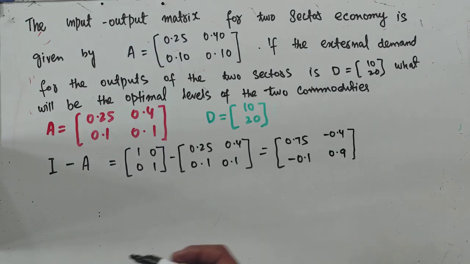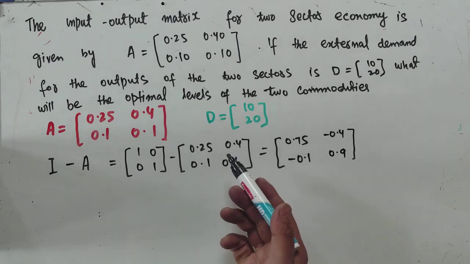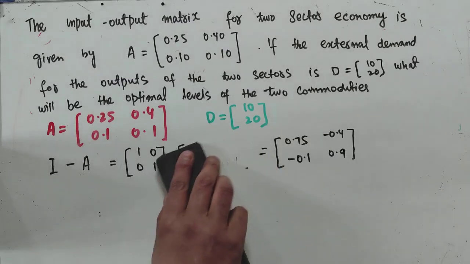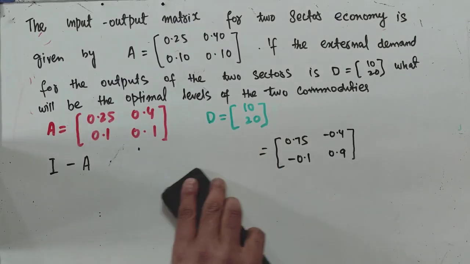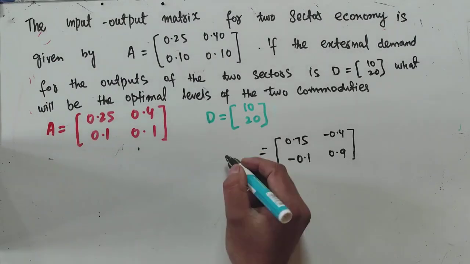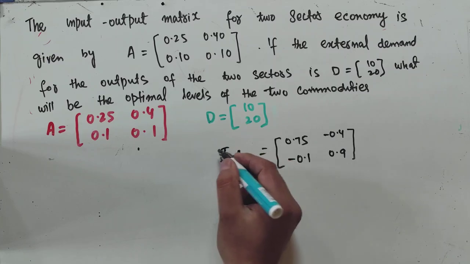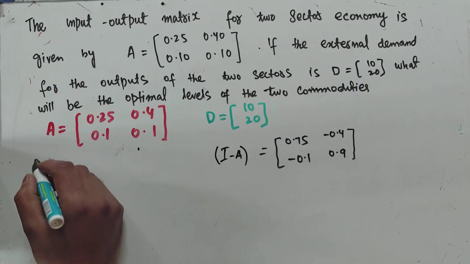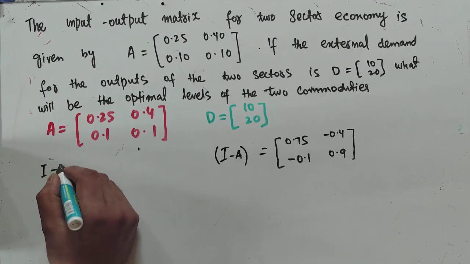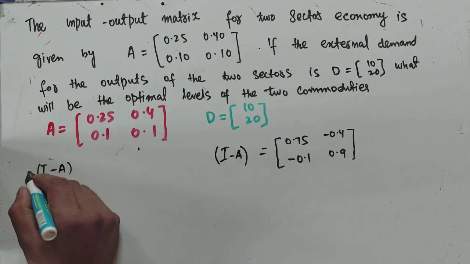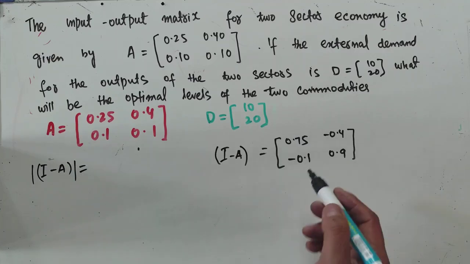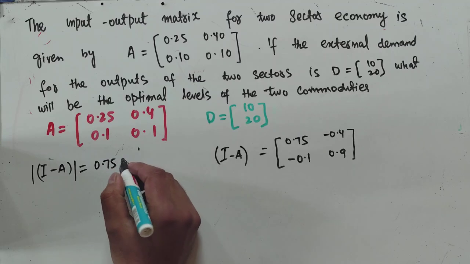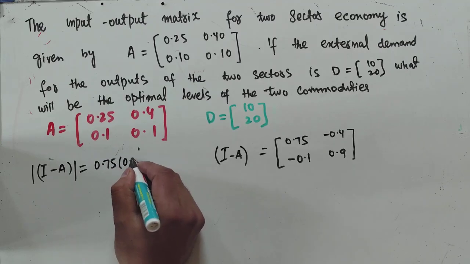Next step is to find the determinant of this I minus A, which is the Leontief matrix. As we know, we multiply these two elements first, so we have 0.75 times 0.9.